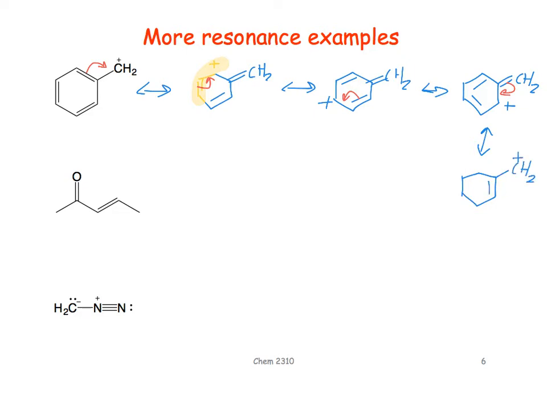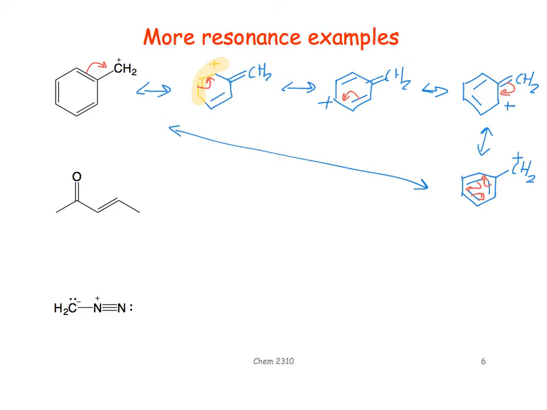Plus here, here, and here. So is that the same structure that we started with? No, it's different. Yeah, the pi bonds have all shifted. So in fact, if we shift the electrons around the ring like this, we could go back to our starting point, right?